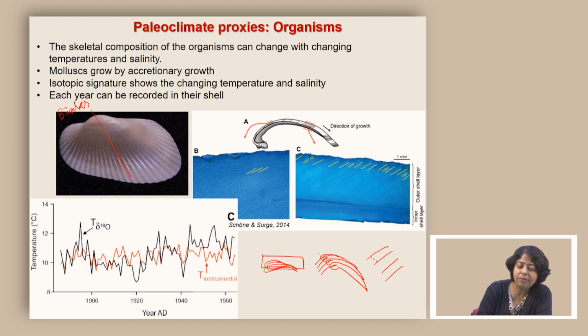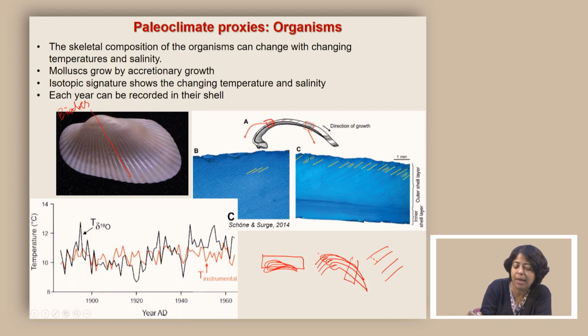So, what people have done, this is a picture where they have taken one part of this bivalve from here and one part from here. Now, if you look at this part, you see they have grown longer, and therefore, you see even higher spacing.